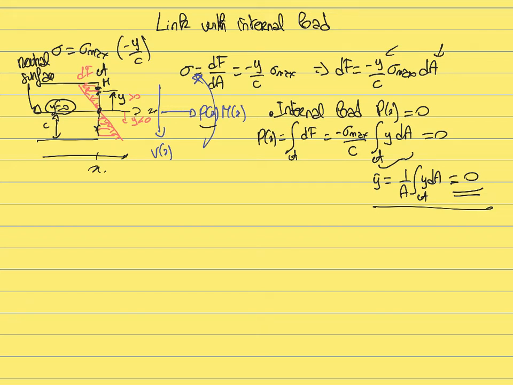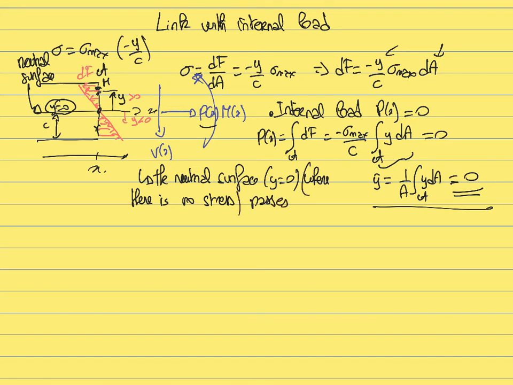So that means that necessarily, based on this result, we find that the neutral surface of the beam, that is to say the point at y equals 0 where there is no stress, so no tensile stress and no compressive stress, passes through the centroid of the cross section.